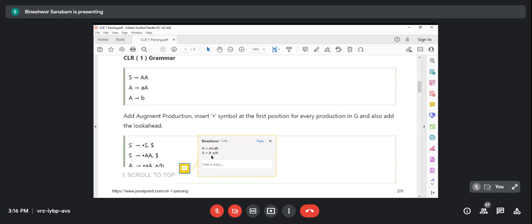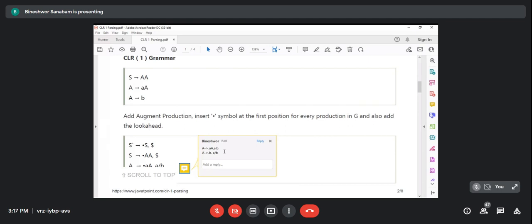Okay, so how are we going to put the look ahead in this case? We just have to put the FIRST of what follows. Whenever we have this type of production, we have to include the FIRST of A. So FIRST of A is nothing but a comma b, or a or b.